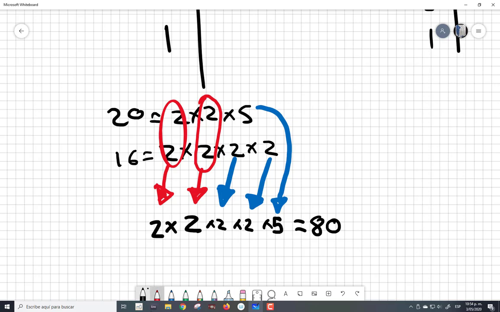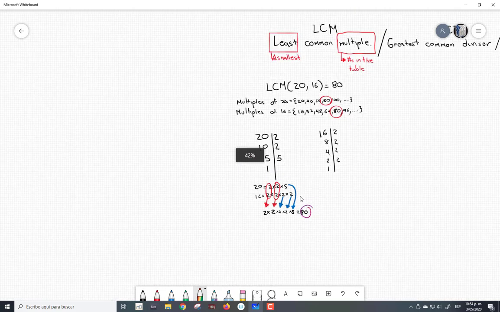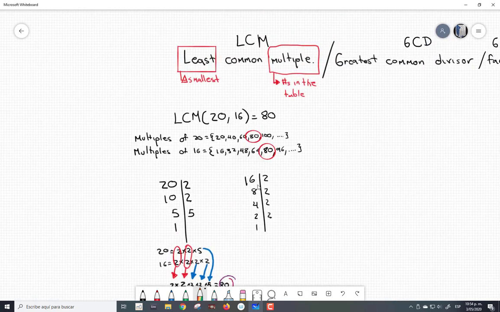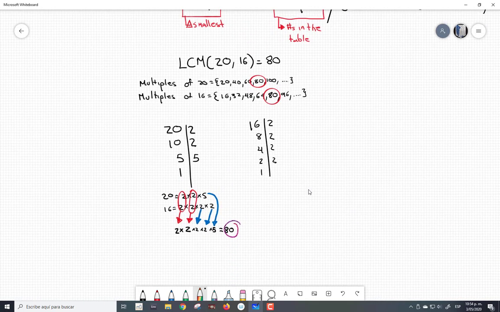And look, the 80 is the same thing that we found here. Okay? So that is how we do it with prime factorization without having to find all of the lists of the numbers. It works especially good when you have really big numbers.